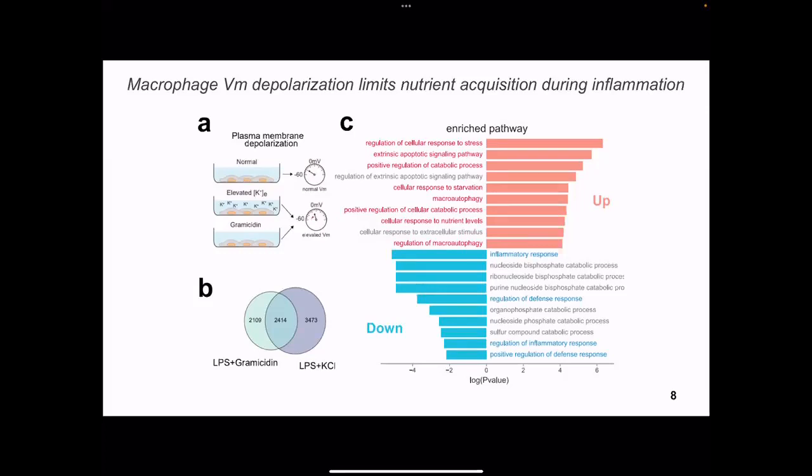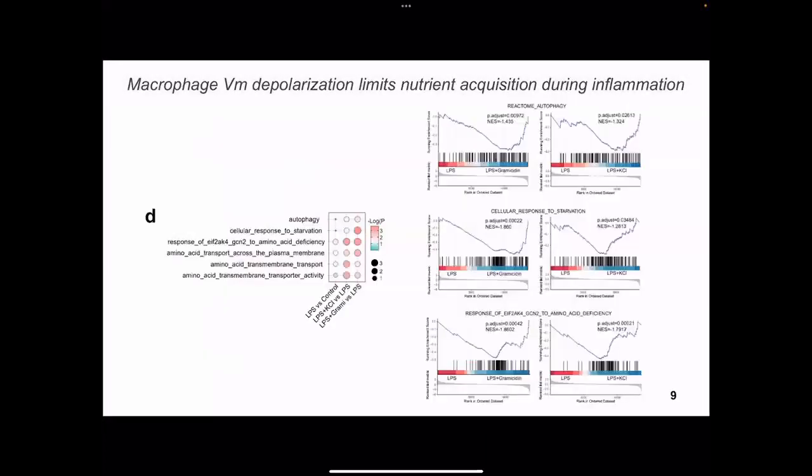By contrast, despite adequate extracellular nutrient resources, the common upregulated genes were mostly enriched in pathways typically induced under nutrient restriction, including response to starvation, autophagy, and the catabolic process. We also used GSEA analysis on the RNA-seq data and found very significant enrichment in autophagy, response to starvation, response to GCN2, amino acid deficiency, and amino acid transport in the settings of elevated extracellular potassium and gramicidin.